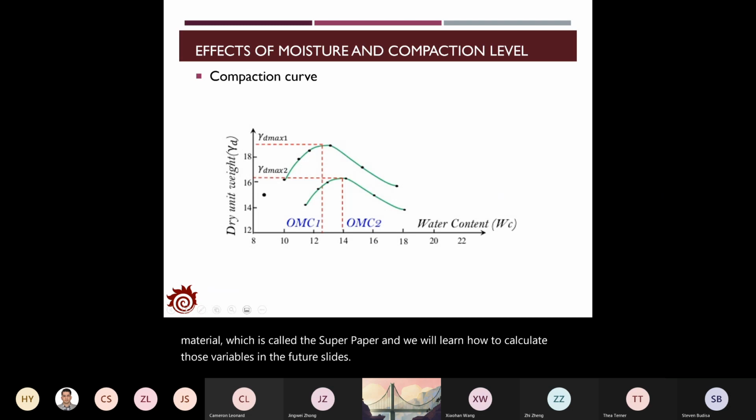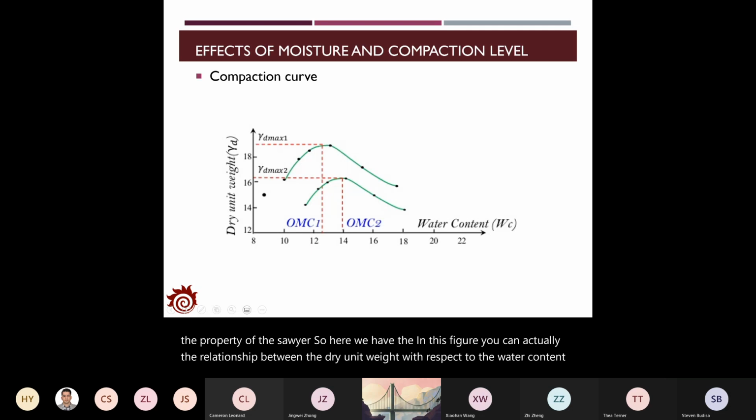Okay, and then we can check the impact of compaction in more detail, on the water content and also the properties of the soil. In this figure, you can see the relationship between the dry unit weight and the water content.